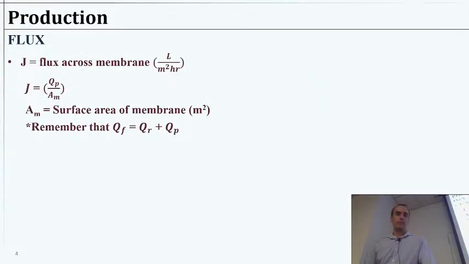All right, so flux, we've talked about it in the sense of granular filters a bit. It's a very similar concept. We're going to go a little fancier with it for membranes. If we describe flux as J, as flux across a membrane surface, we can describe this in similar terms of a volume per area per time. We could put cubic meters instead of liters per square meter per hour in this example.